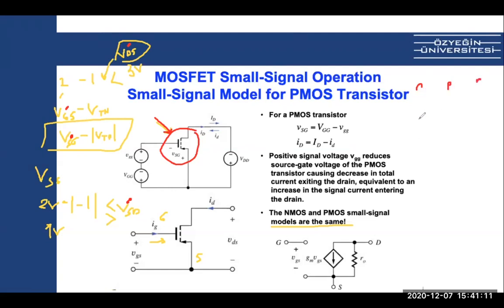In the PMOS it is PNP. So there is also another hidden substrate here.